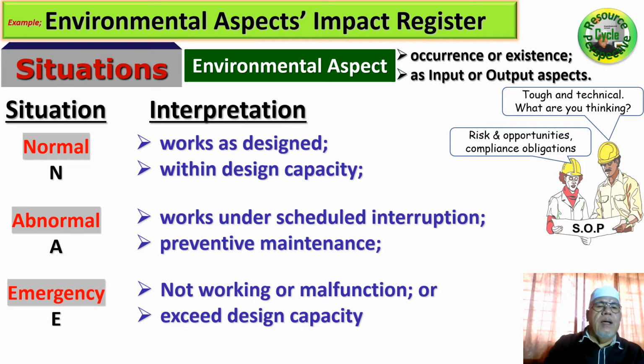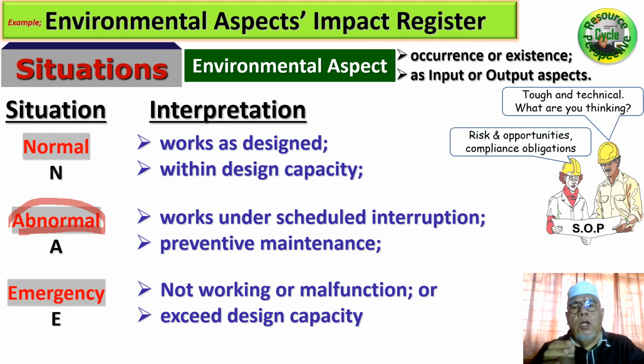However, when we talk about abnormal situation, it is usually referred to when the process or the activity is halted. There is a short hiatus of time where the machine, equipment or processes are interrupted for a desired intention which is planned, for example, scheduled maintenance.